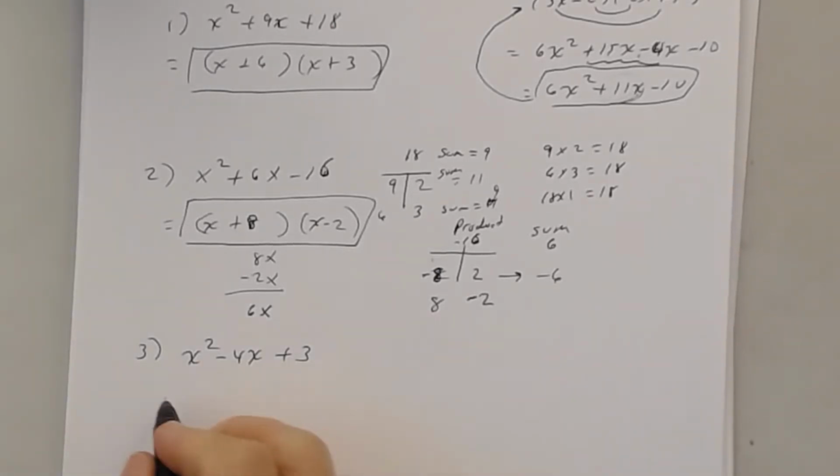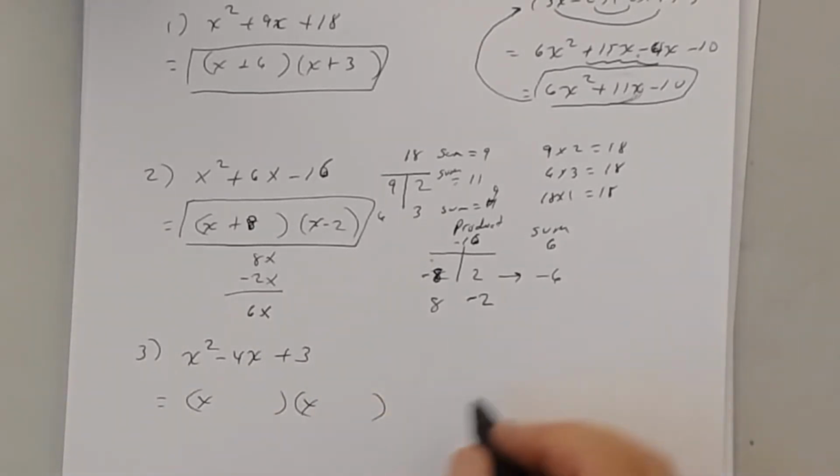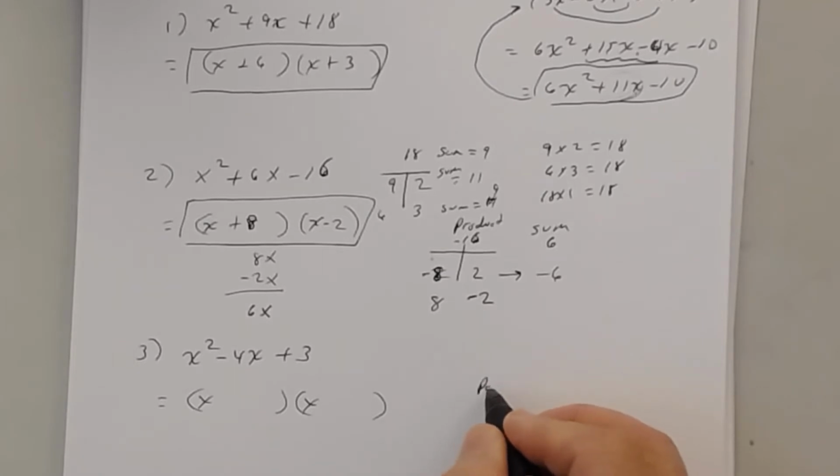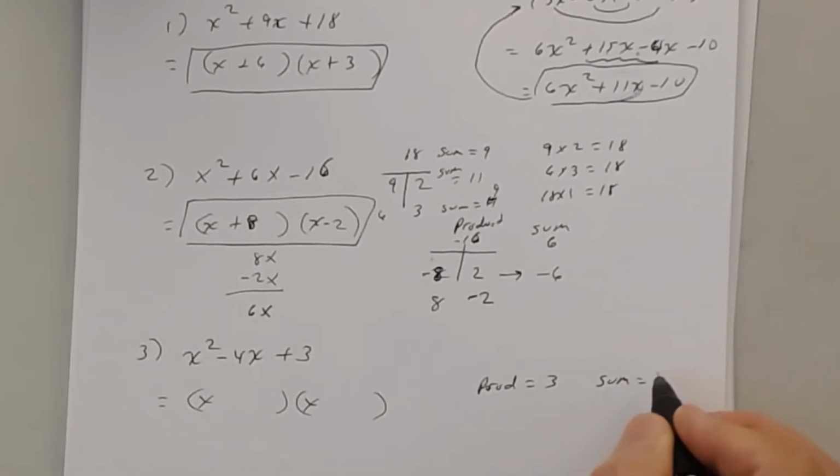Okay, so we go directly to two binomials. What's the first term of each binomial? X. X. All right, now here's how you think about the rest. Give me two numbers whose product is what? 3, and whose sum is what? Negative 4. Very good.